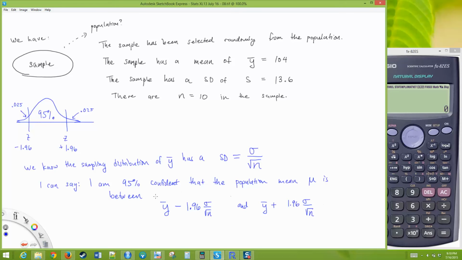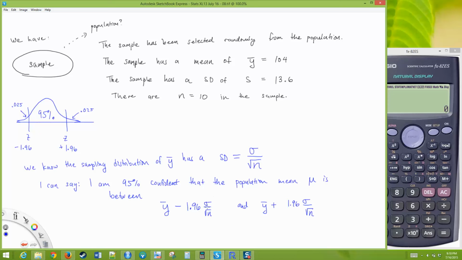Okay, let's see. Y bar is 104. N is 10. What's sigma? That's the population standard deviation. Do I have the population standard deviation? No, I only have the sample standard deviation. Okay? So we run into a problem.